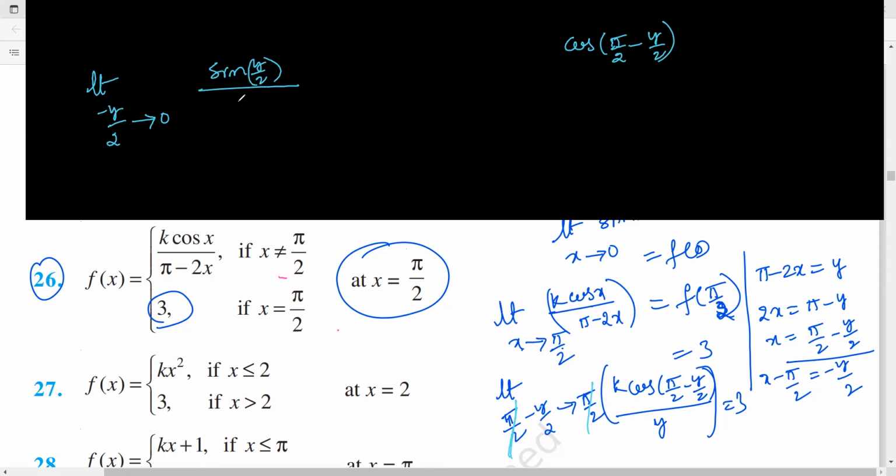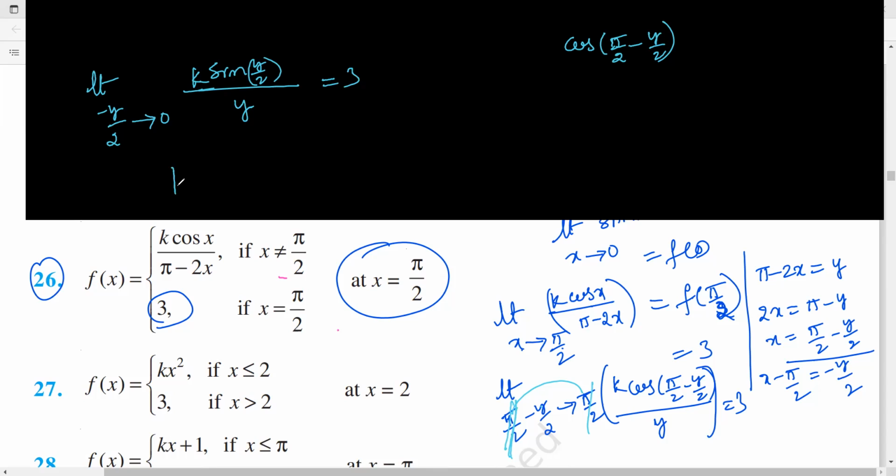So why did we cancel off pi by 2 and pi by 2? Pi by 2 we can cancel off. Anyway, if you take that side, it will be the same.